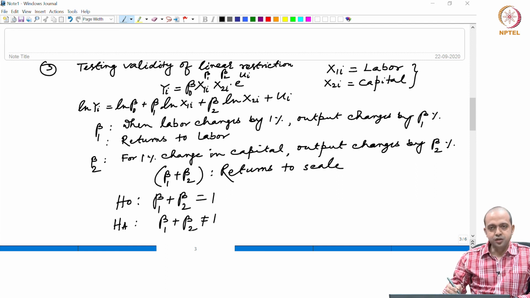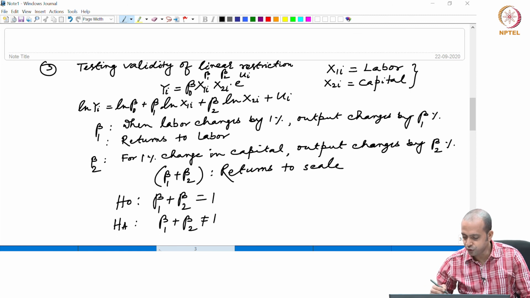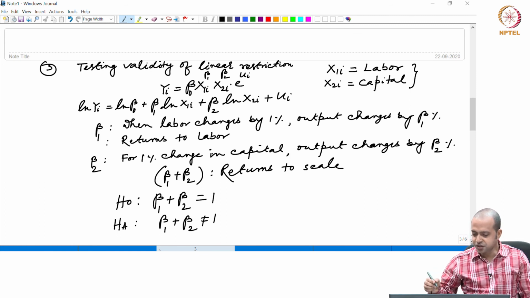So, that means this consists of two things. It can be greater than 1, in which case we will say that the production function exhibits increasing returns to scale. It can be less than 1 also, and in that case, we will say that the production function exhibits diminishing returns to scale. And how have we formulated the test statistic here?